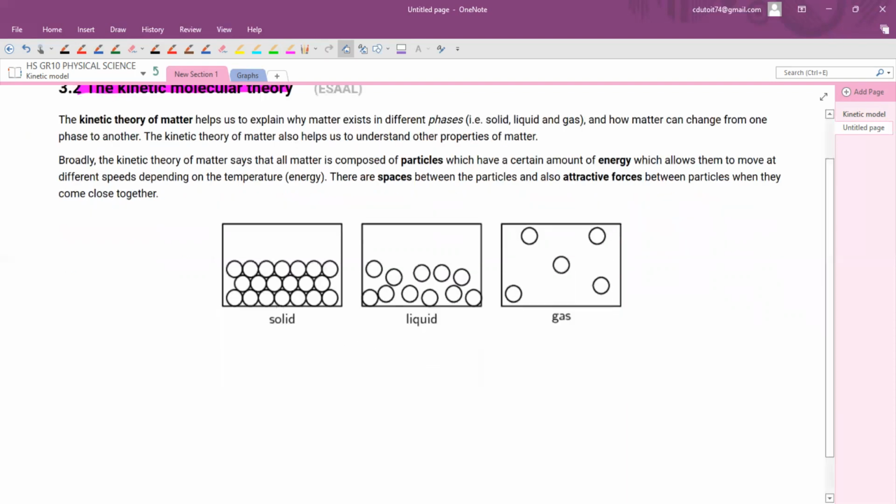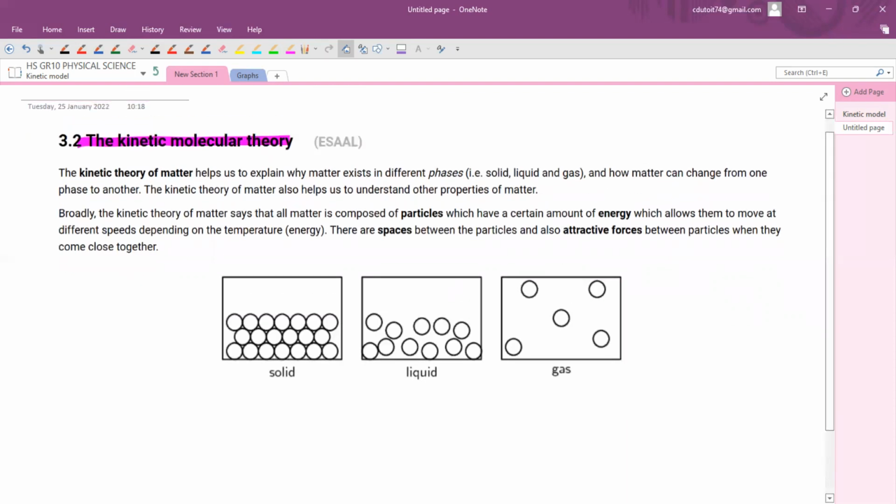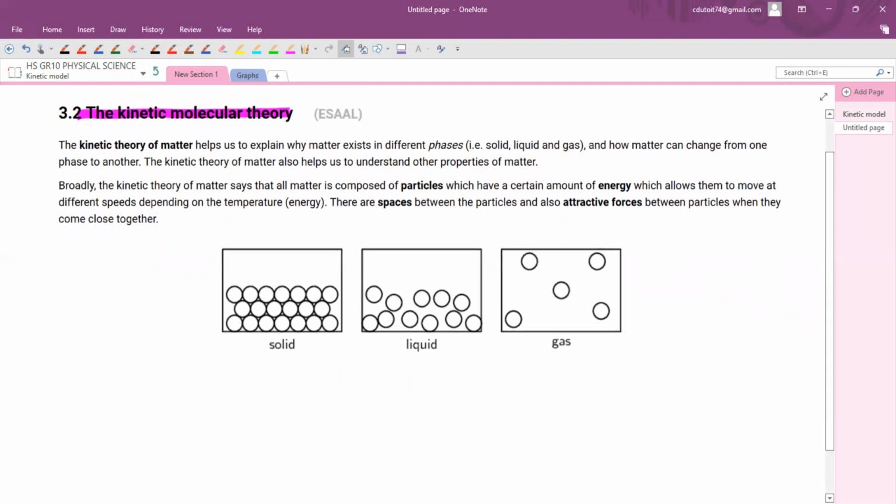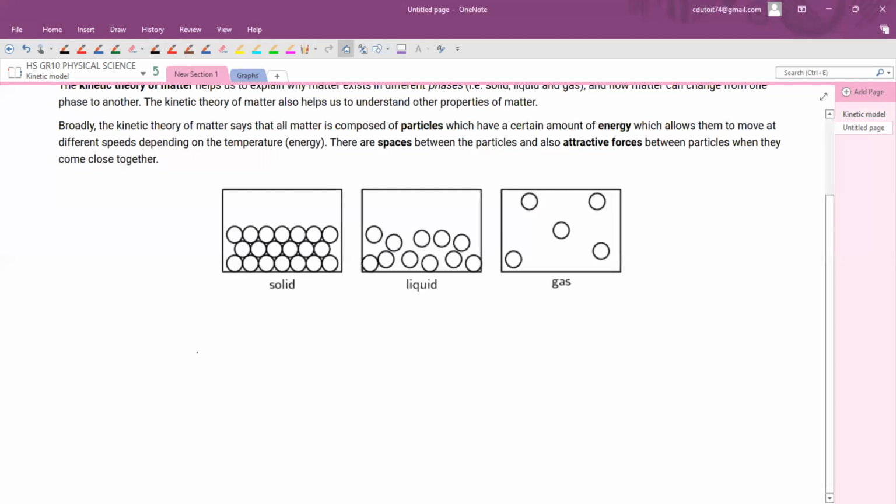Now, these little bubbles or circles, they represent molecules or atoms. What is the difference between a molecule and an atom? Let's look at hydrogen. That is a hydrogen atom, but a hydrogen atom doesn't occur alone.